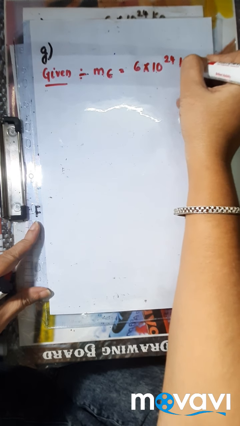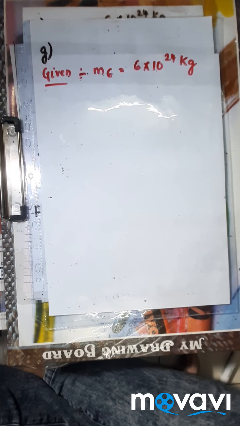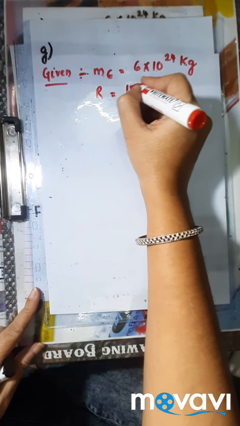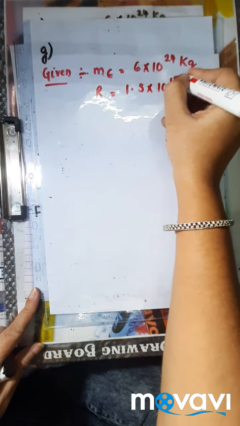And the distance between the earth and sun, so my radius is equal to 1.5 into 10 raised to 11 meter, right?